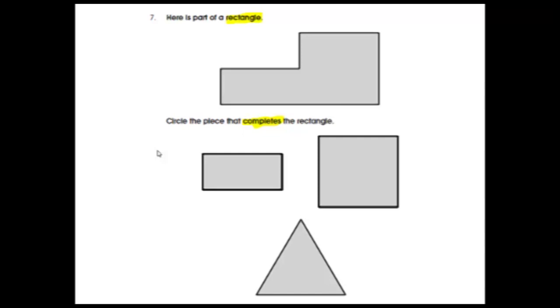Now, in terms of a high level task, this one is not terribly high level in terms of the visualization aspect, because I need to be able to visualize that I can take this piece here and swing it around. The orientation is not changed, and certainly I'm not given bigger rectangles to distract me.